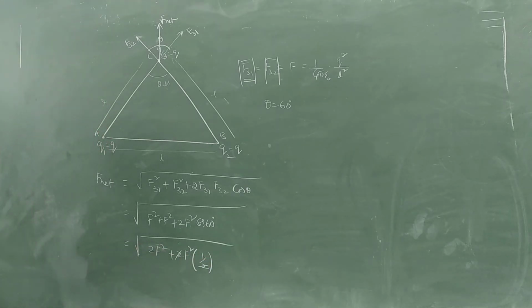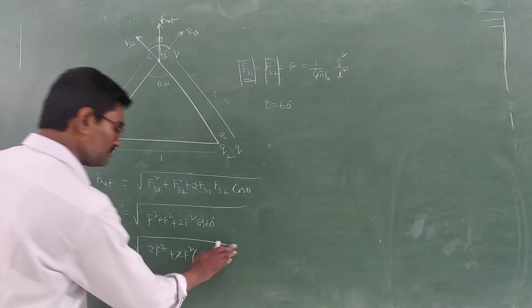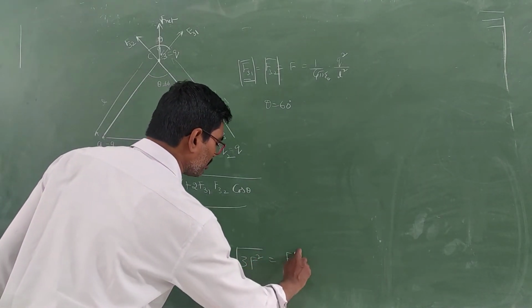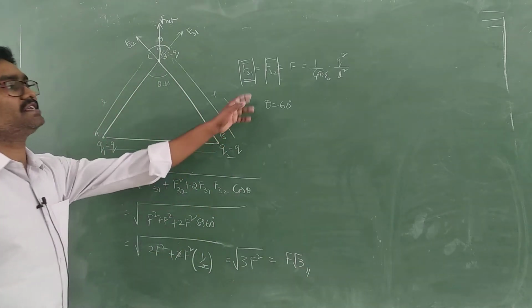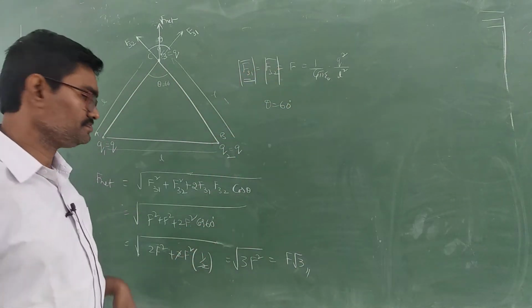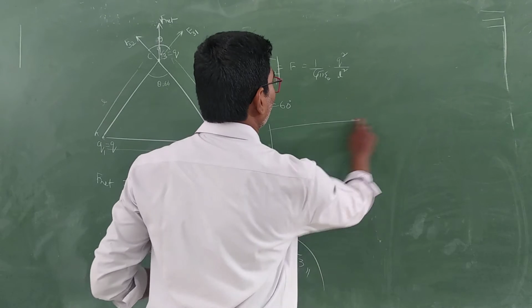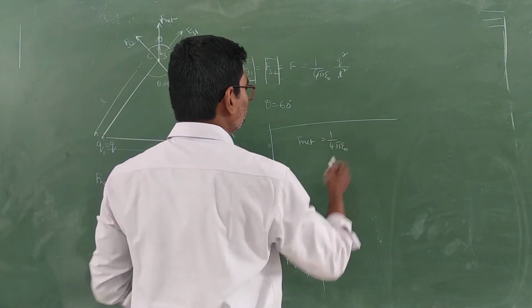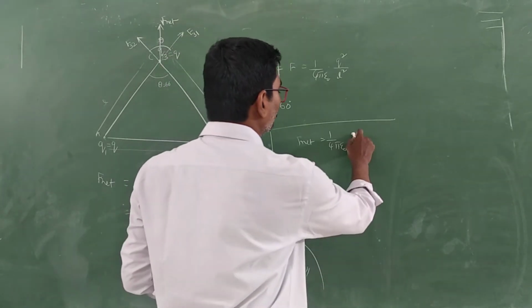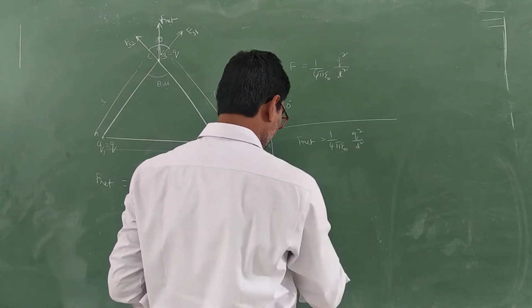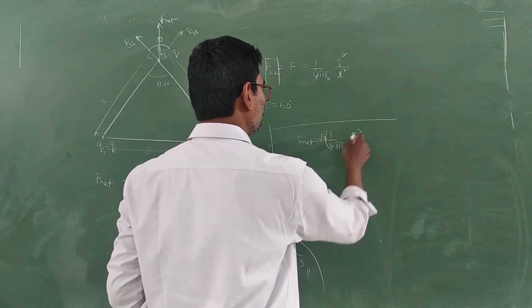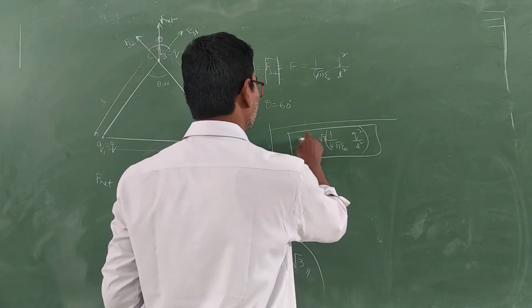What will you get? 3F square, nothing but F root 3. Substituting F, the net force is equal to 1 by 4 pi epsilon naught, Q square by L square, into root 3. So root 3 times this value is the net force.